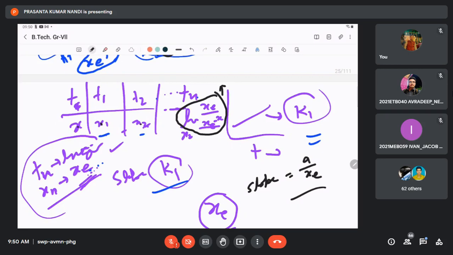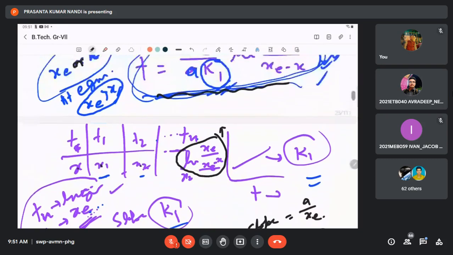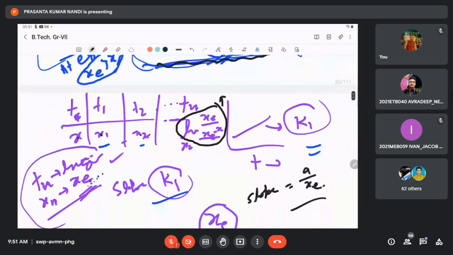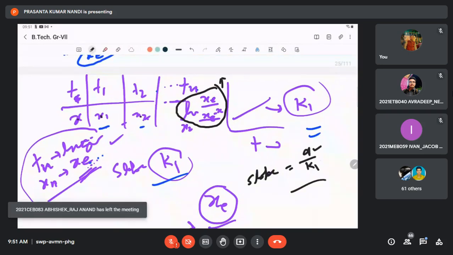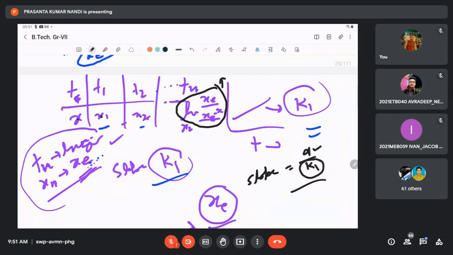Since Xc is known, because at the end of the reaction, you know the initial concentration of A, you know the equilibrium concentration Xc, so you can easily find K1 from the slope, right?